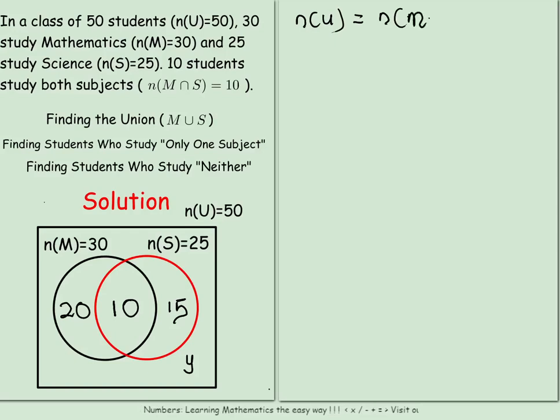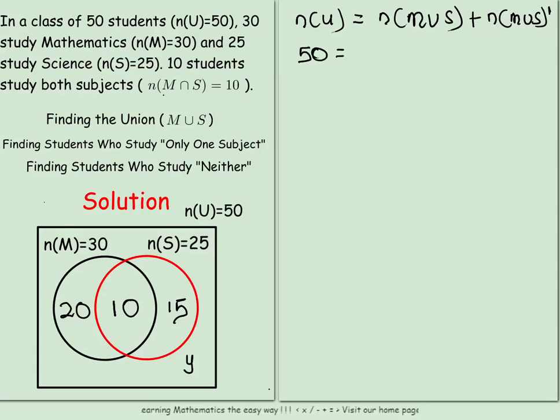So in this case, we have M union S, plus the complement, M union S prime. And we already know our universal set to be 50. So we have 50 equals M union S.